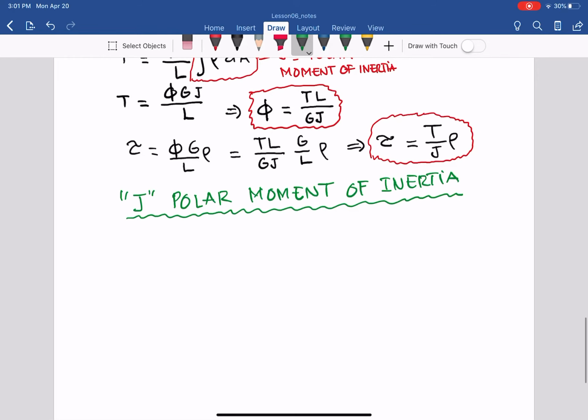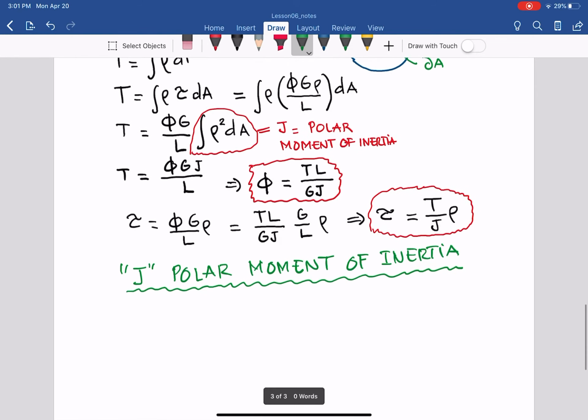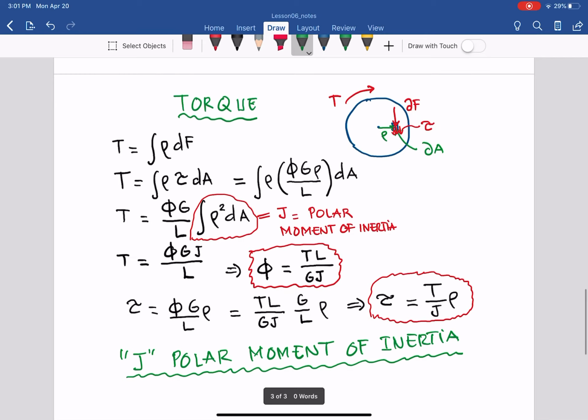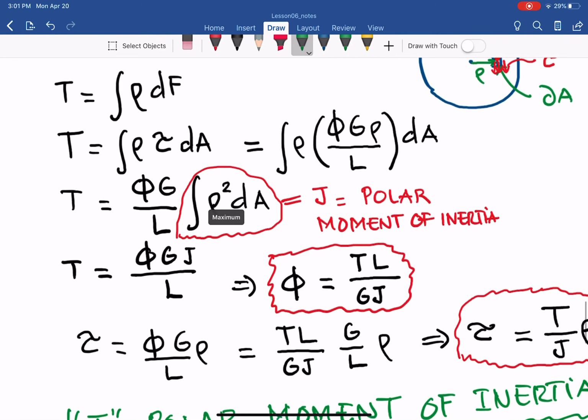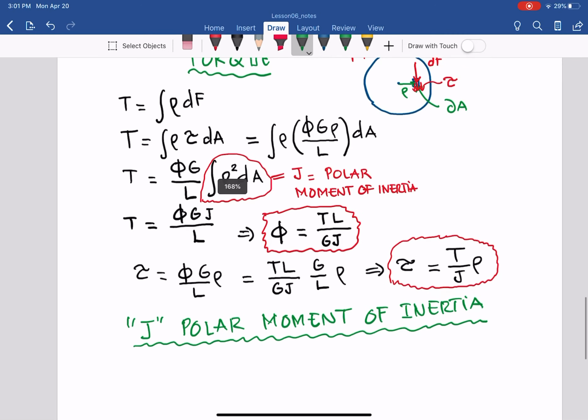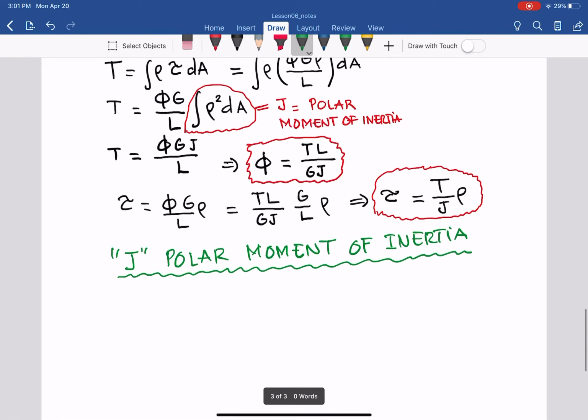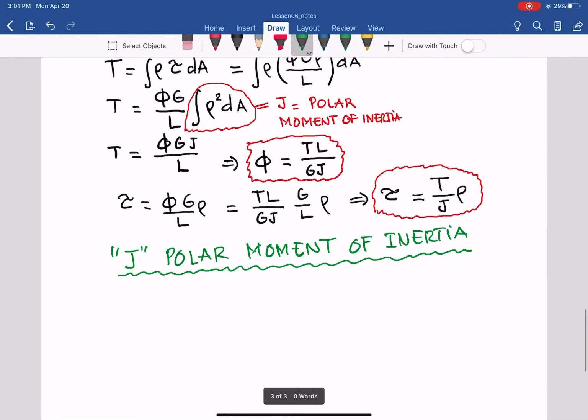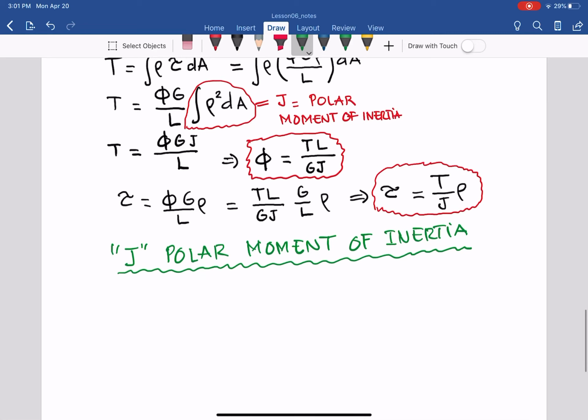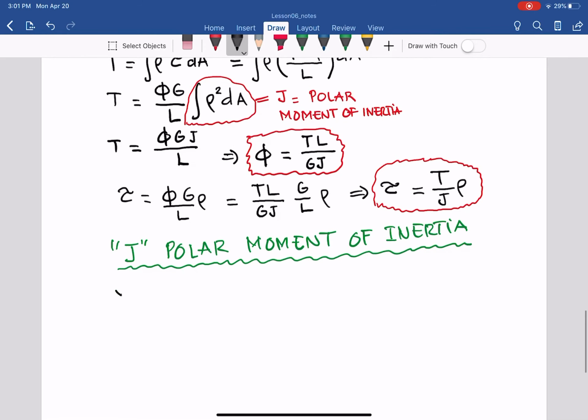Its equation is the integral of rho squared dA, so it fully depends on the geometric properties of the cross section.